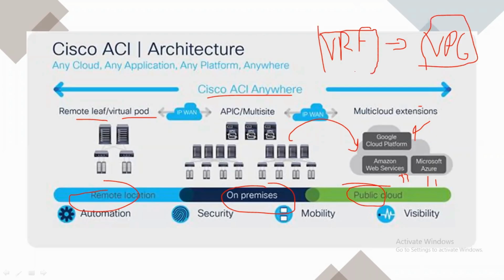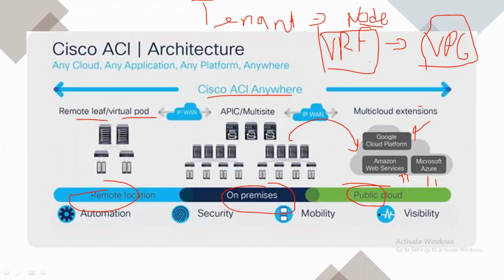Similarly, we call a tenant for a separate policy, and they call it maybe a node for a cloud, right? So the terminology is different, but the concept remains the same.